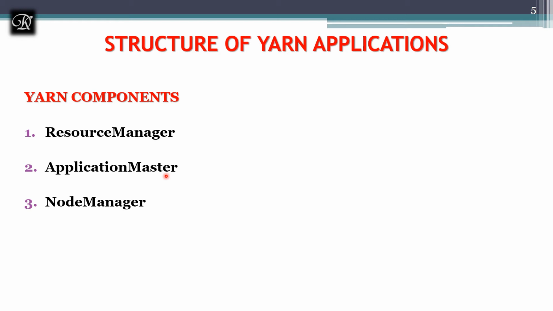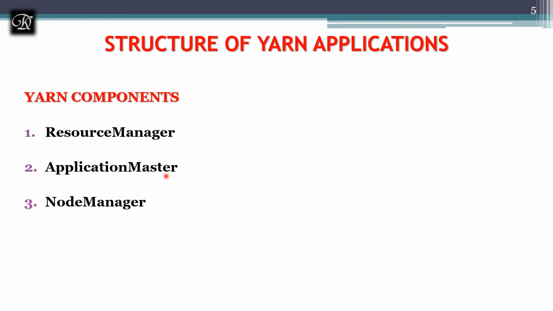To complete a job, the application master issues a resource request to the resource manager. The application master is the one who has to initiate the request. The request includes the specification of the locality preferences and properties of the containers. These are the two main things the request will include.